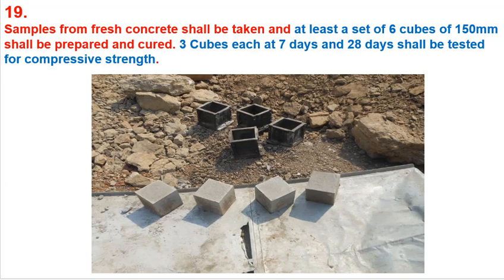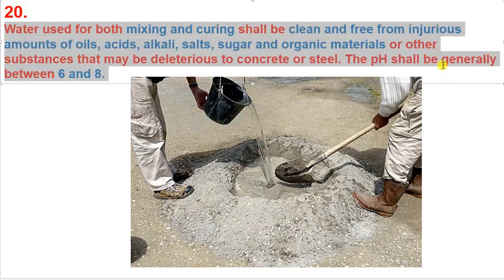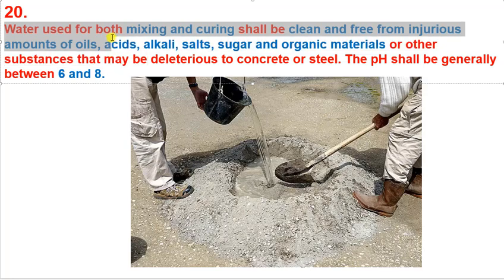So let's move to the next and last point for today's discussion. The last point is that the water used for both mixing and curing of concrete shall be clean and free from injurious amounts of oil, acids, alkalis, salts, sugar, and organic materials.